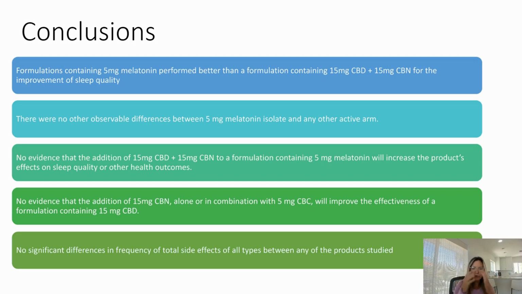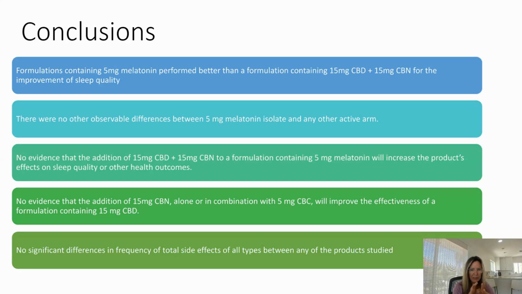So in conclusion, our formulations containing 5 milligrams melatonin did perform better than the 15-15 that we talked about, but there were no other observable differences when comparing all the other formulations to the 5 milligram melatonin. There was no evidence that the 15 CBD, 15 CBN added to a formulation with 5 milligram melatonin gave any benefit.